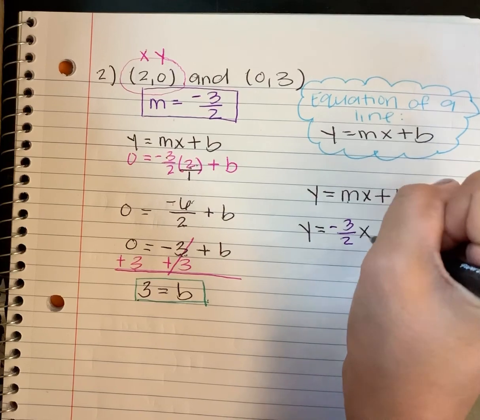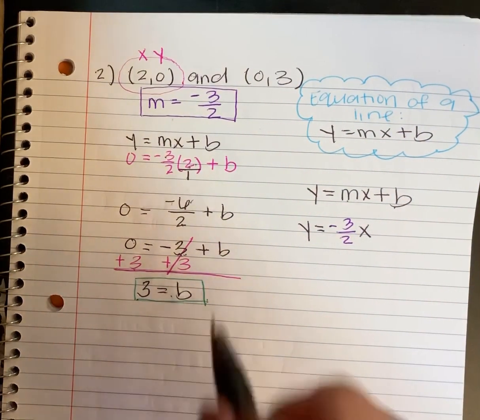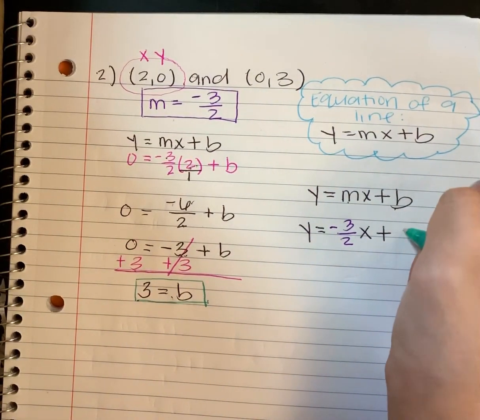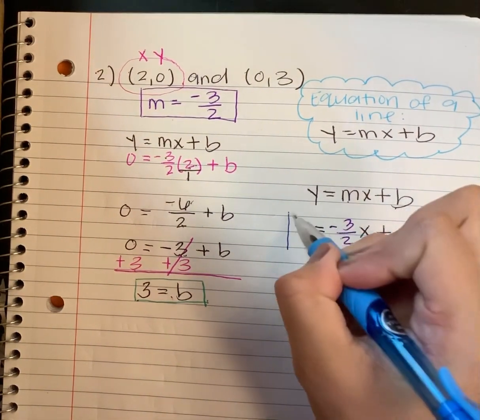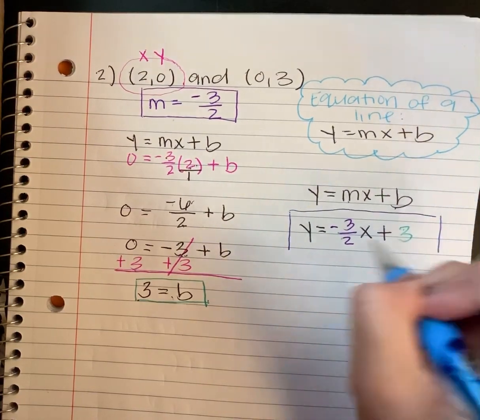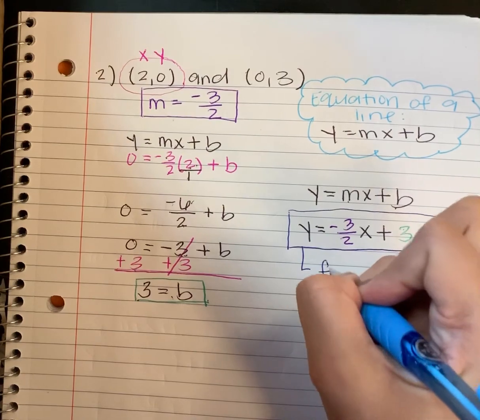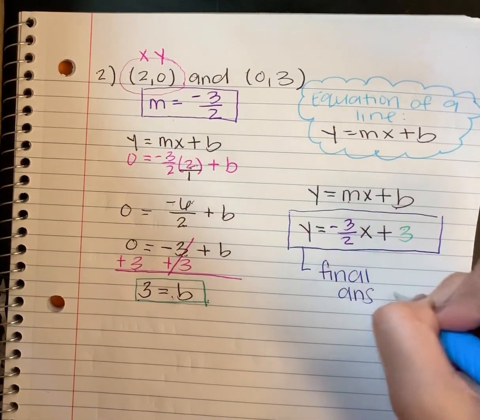I'm going to leave my x value, and then this is going to be plus 3. So now I have found my equation of the line. My final answer.